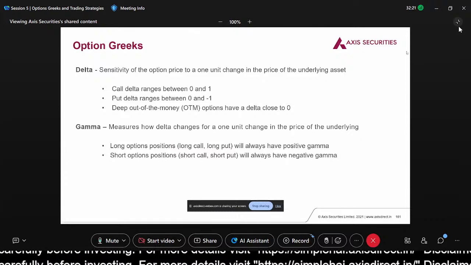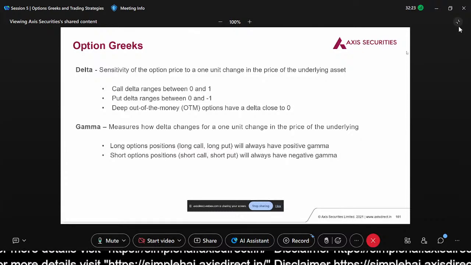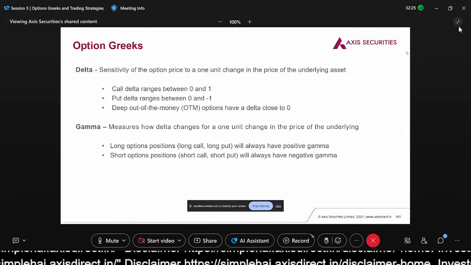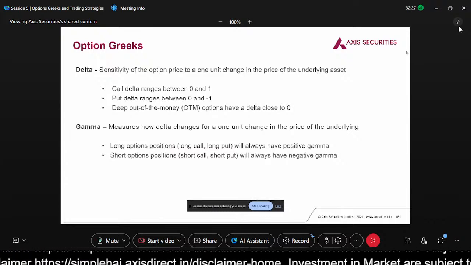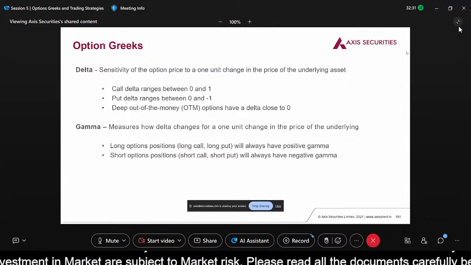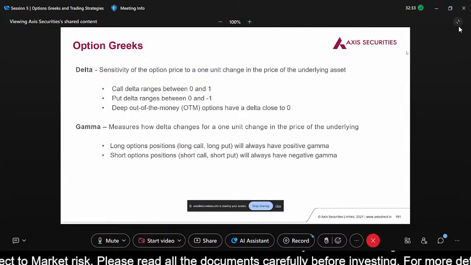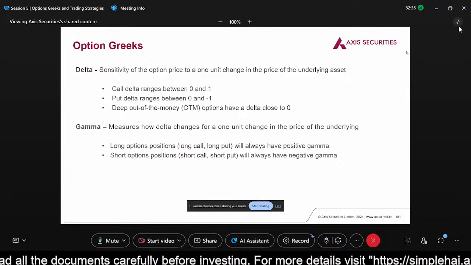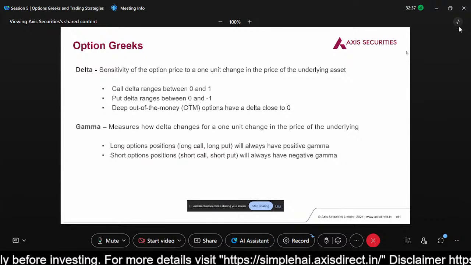So understand, delta is the rate at which the option price changes with regards to the change in the underlying. Gamma measures how the delta will change in comparison to the change in price.